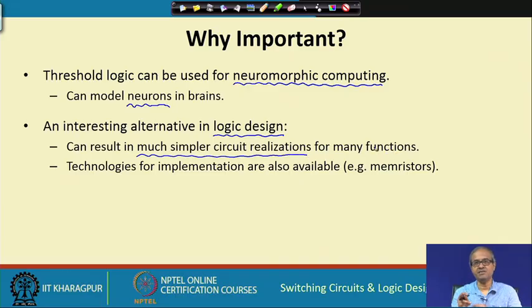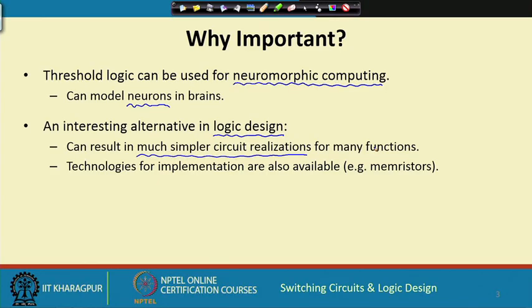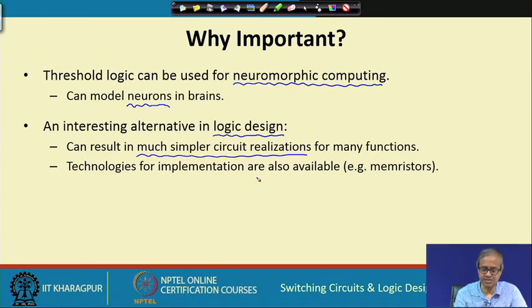For many functions, using threshold gates you can get very small circuits, very easy to design and implement. This can be one advantage, and the second thing is that although threshold logic is relatively old, not a new concept, technologies for implementing them efficiently are available only recently.